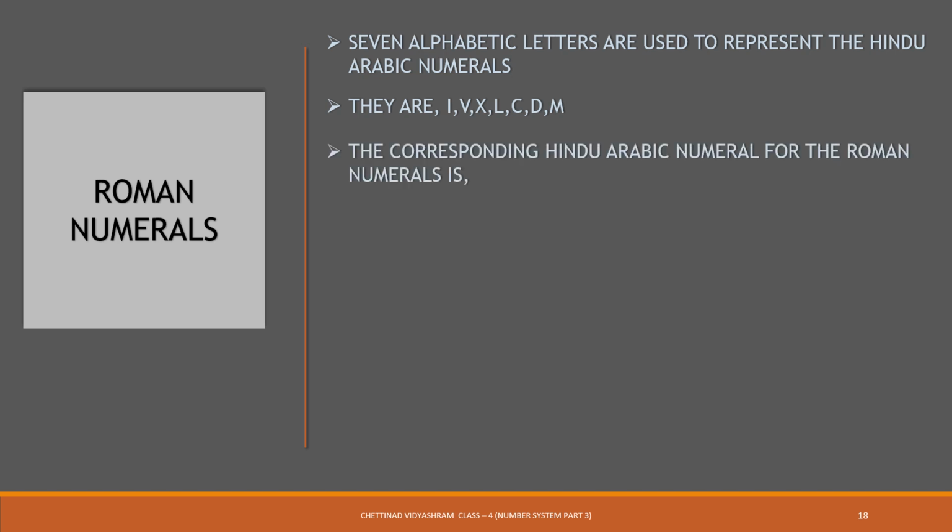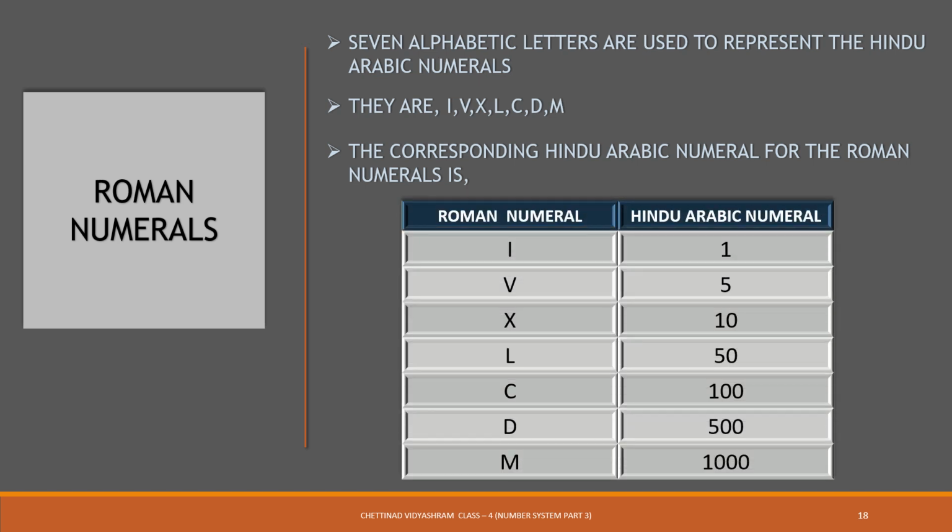The corresponding Hindu-Arabic numerals for the Roman numerals are: for I it is 1, V is 5, X is 10, L 50, C 100, D 500, M 1000. Children, please keep this in your mind always.